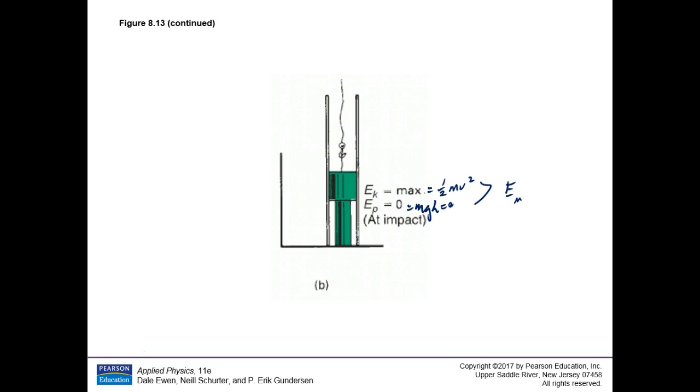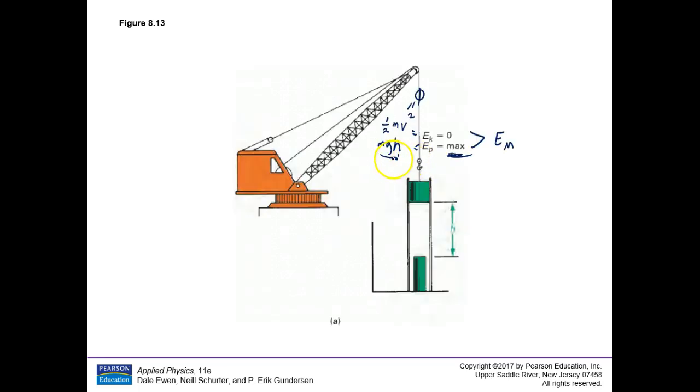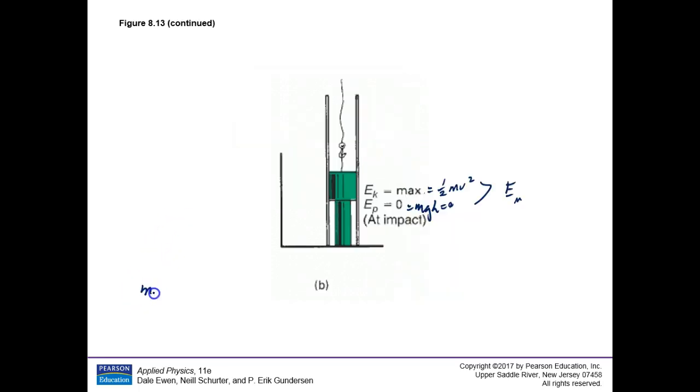So therefore, and this is what it's getting at, the maximum at the top was mgh. So mgh at the top is equal to 1/2 mv squared at the bottom. They have to be the same because mechanical energy is conserved.